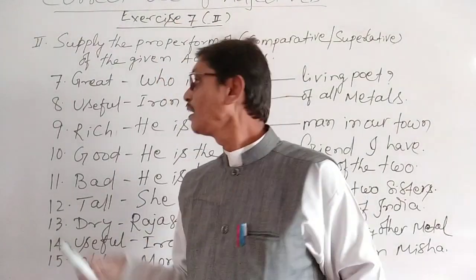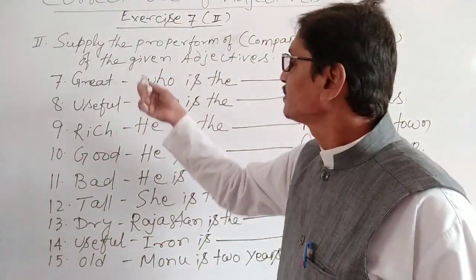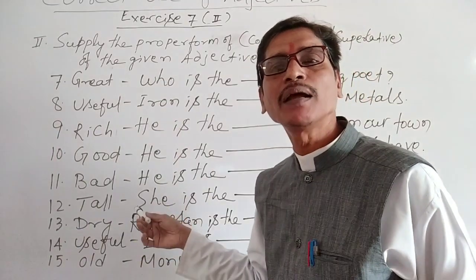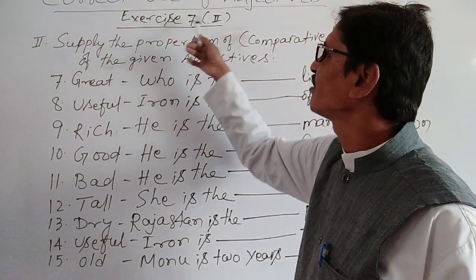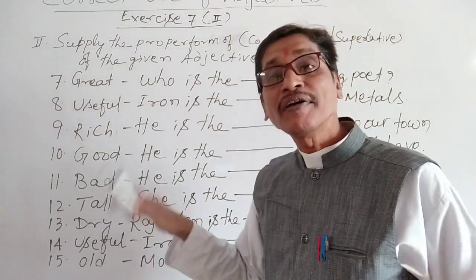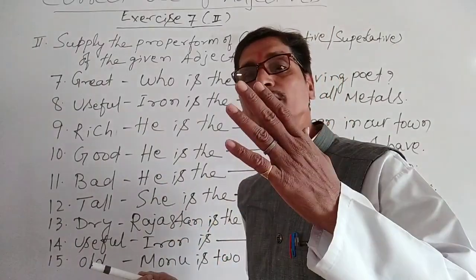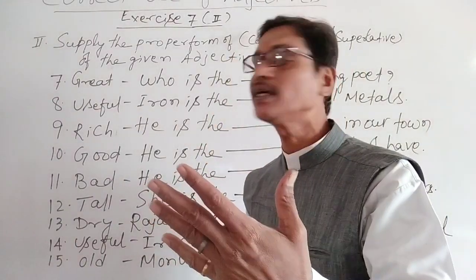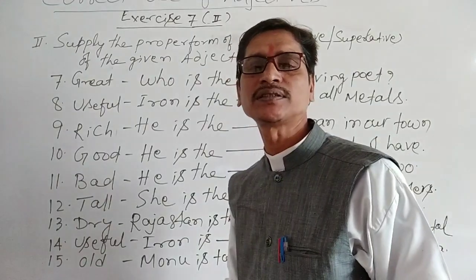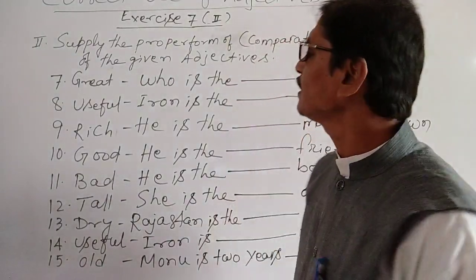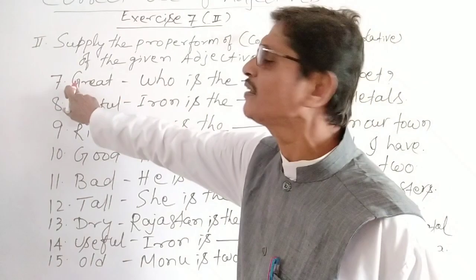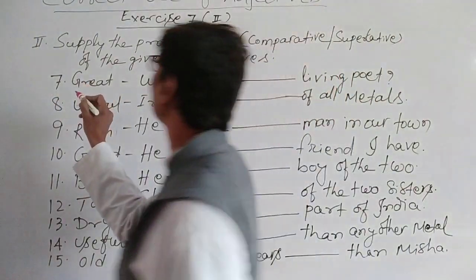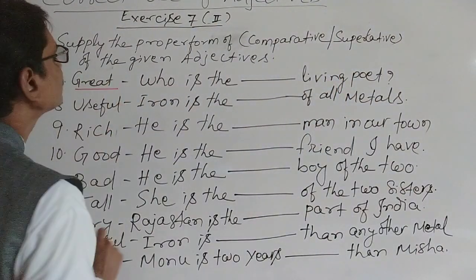Dear students, I have already written some other statements from exercise 7 part 2, where we will use the comparative or the superlative degree of the given adjectives. In the 7th statement, the adjective given is great.